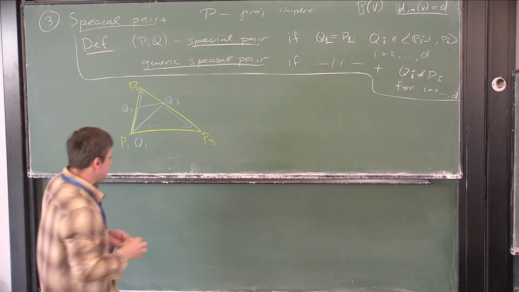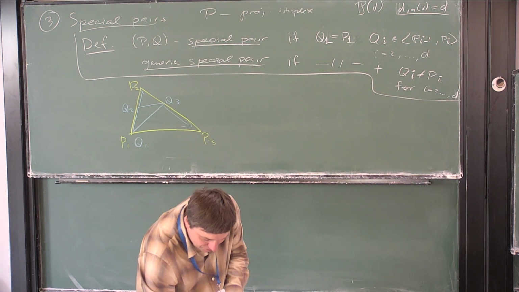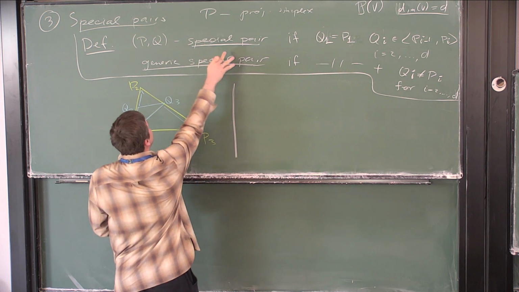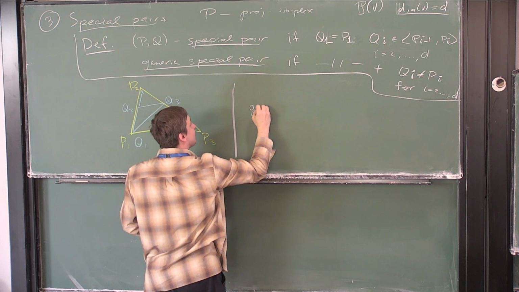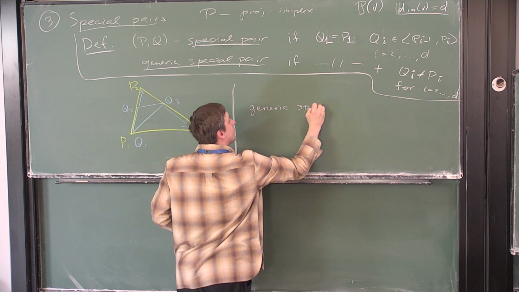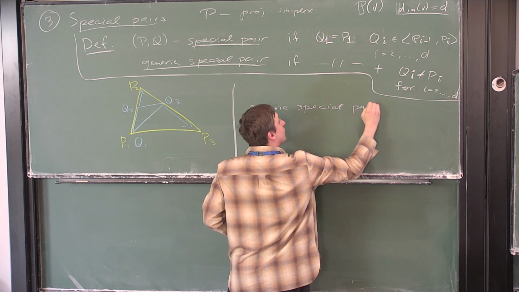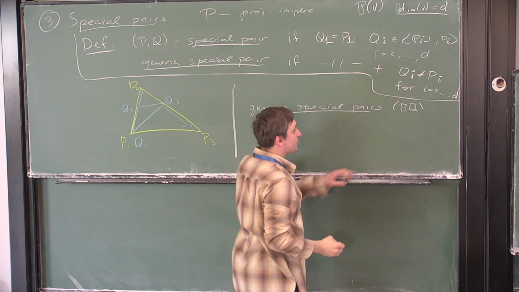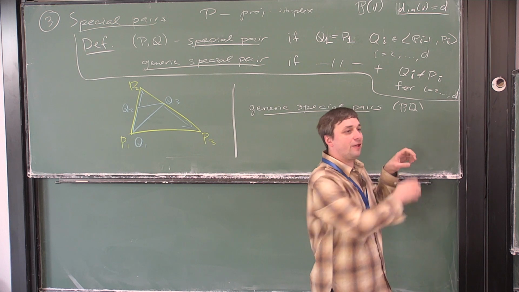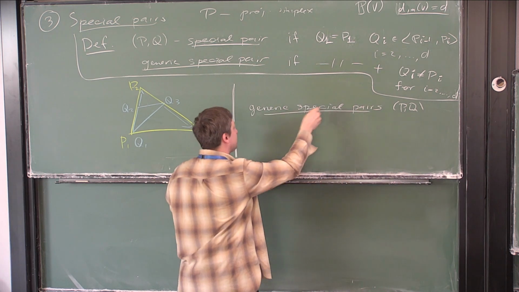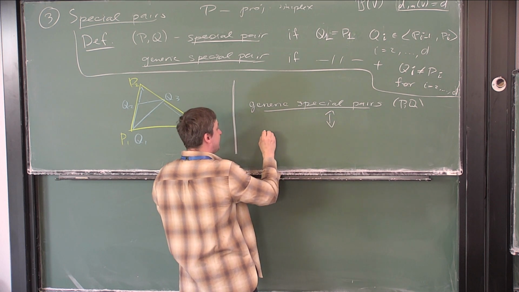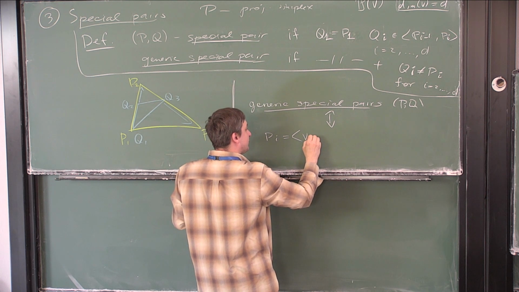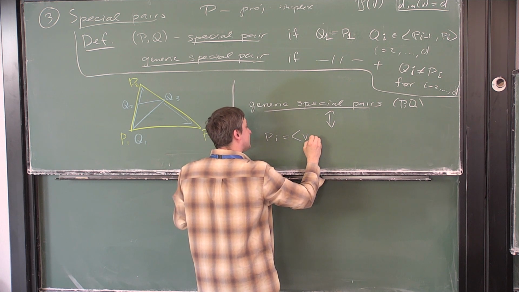There was a claim that we made which may not have been exactly correct. There is a bijection between generic special pairs PQ and exactly the type of configurations which appear if you look at this L element that I wrote down in the introduction.